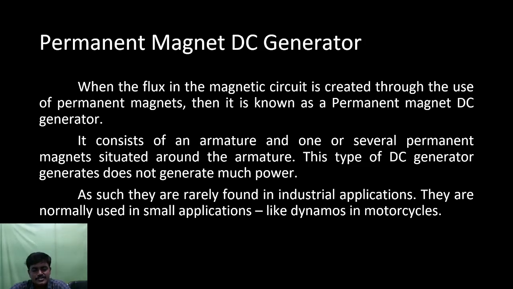As such, they are rarely found in industrial applications. They are normally used in small applications like dynamos and motorcycles. In a bicycle, we use a dynamo to give the supply to the cycle lamp. Such small things can use a permanent magnet DC generator.